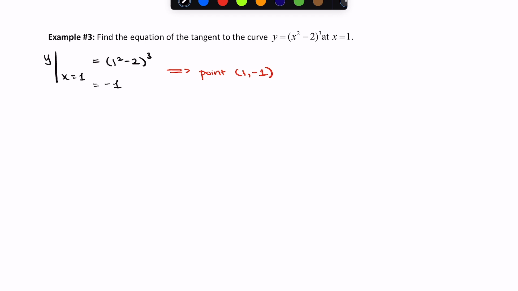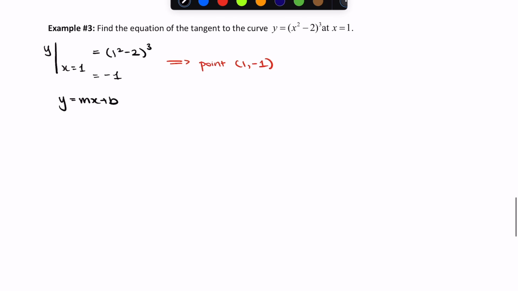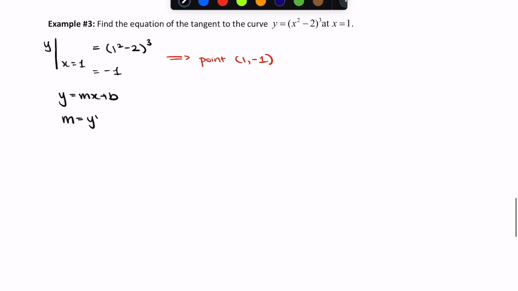If you recall, the derivative of a function provides us with the slope of the tangent. So here we have our equation y is equal to mx plus b as the line. Again, m is equal to y prime. And so let's find the derivative.